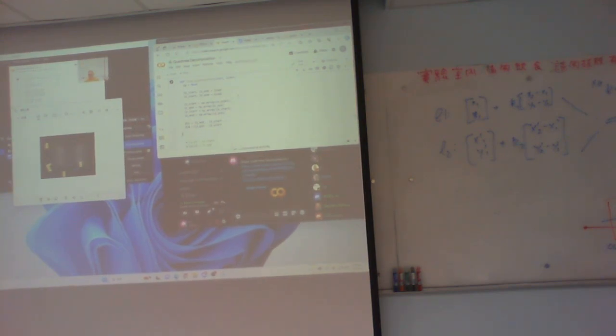DL1, DL2, DA is L1 start minus L2 start, and DL1.